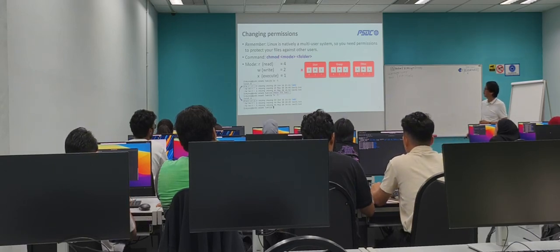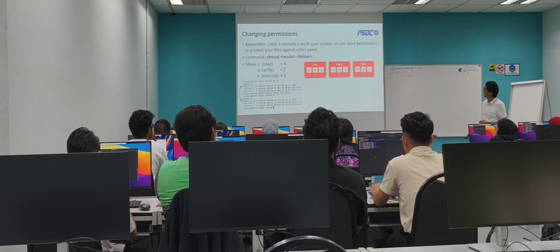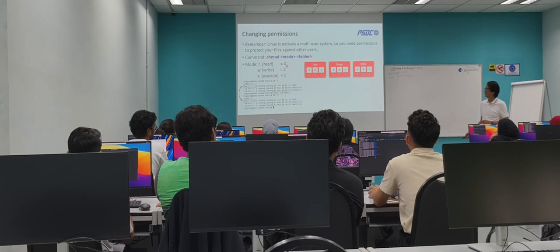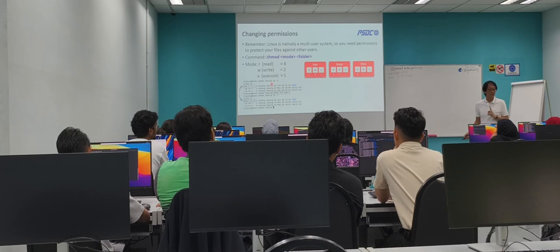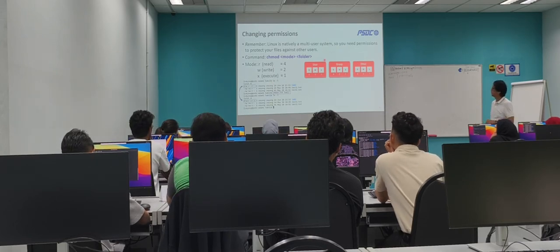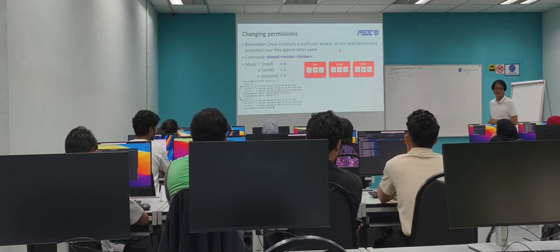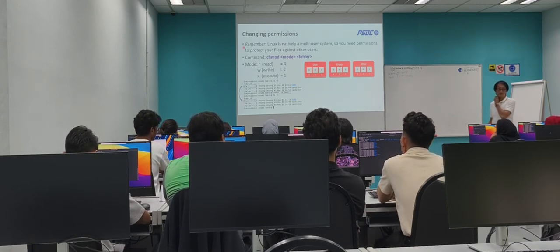So this is bit 0, bit 1, and bit 2, which is a binary form. If I turn on 1, then it's readable. And it breaks down into 3 fields: user, group, and others. User is the owner of that file or folder.